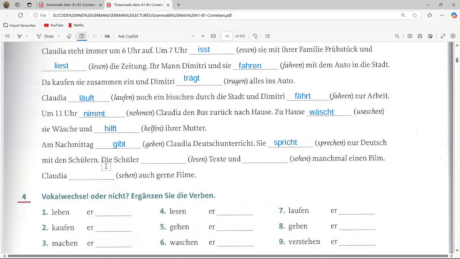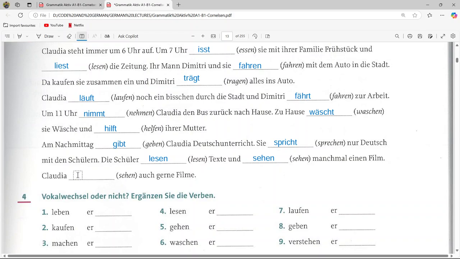Die Schüler, so die Schüler is a plural. So the students. Now for plural, lesen will be the infinitive form. So lesen, die Schüler lesen Texte und sehen manchmal einen Film, because it is still about the Schüler. Okay. So the students read texts and sometimes see a film.